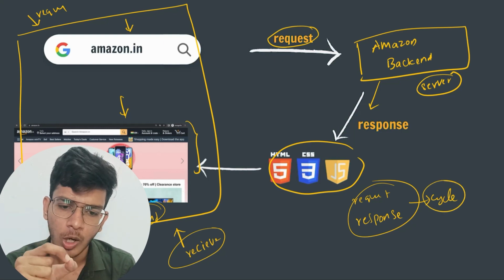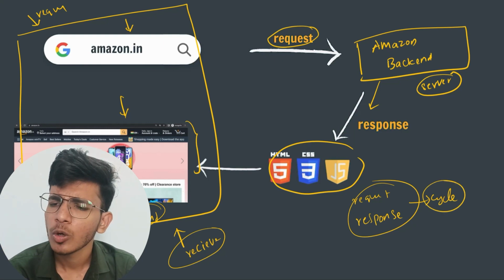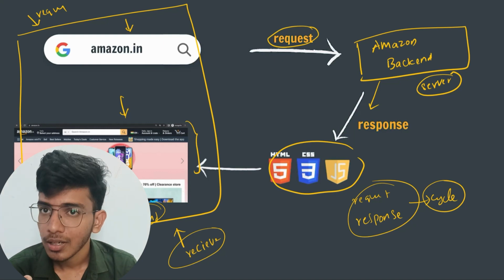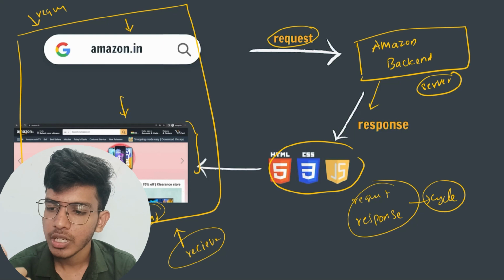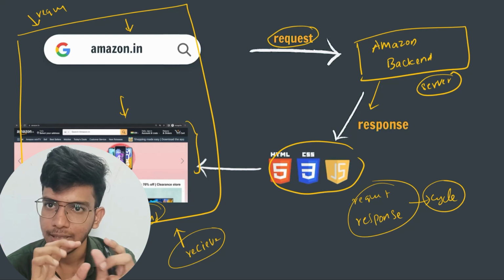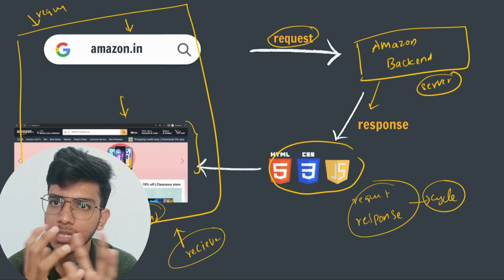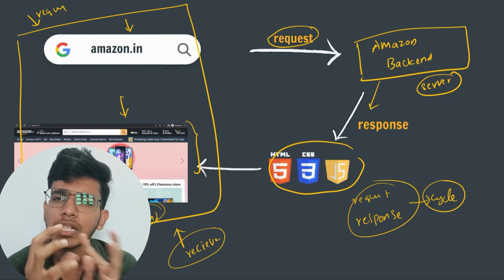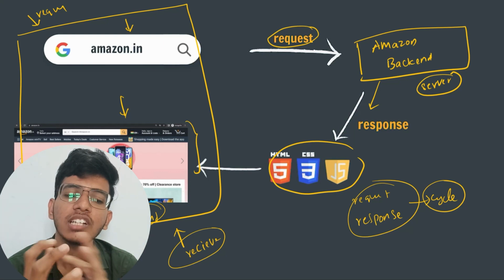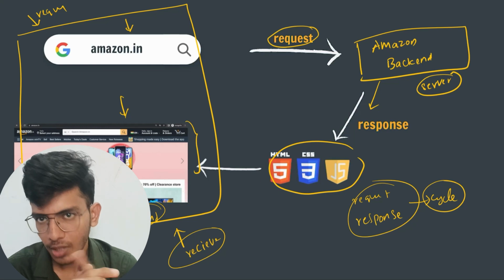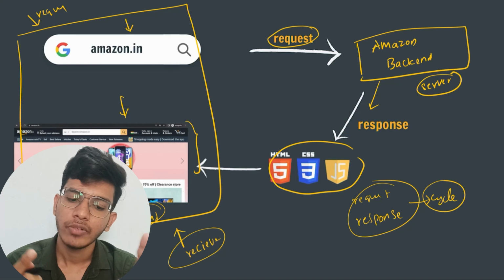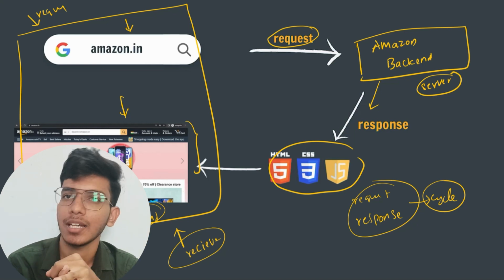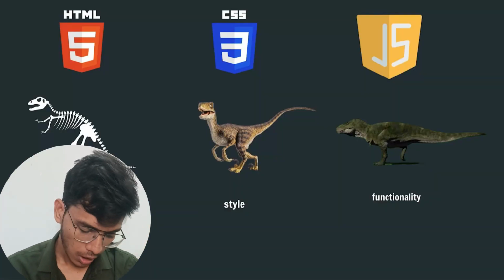You will write Amazon.in, and that request will go to Amazon servers, and in return the Amazon server will give you a bundle of HTML, CSS, JavaScript, and this bundle will give you the interface of your website. Finally you will get a website, and this whole cycle we call the request response cycle. I hope you got the logic.